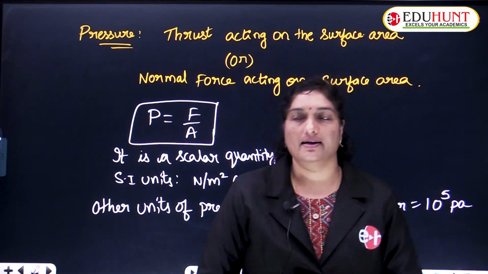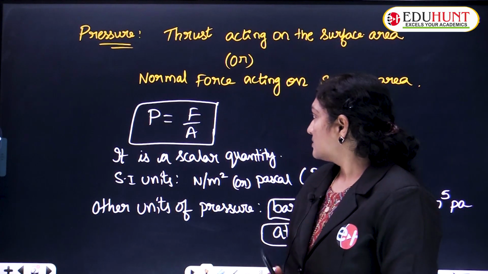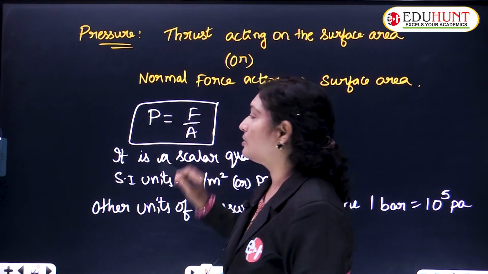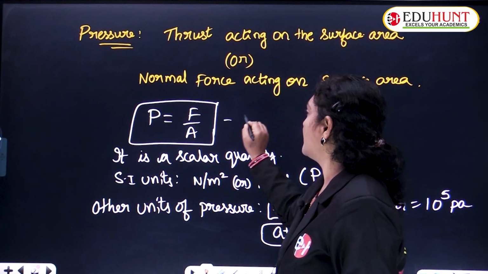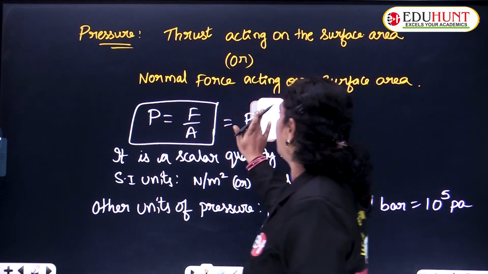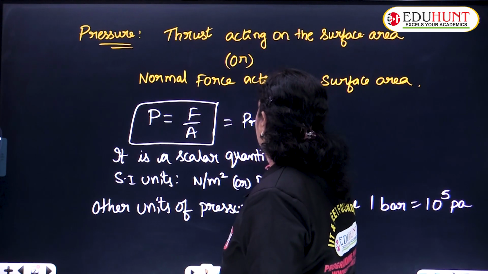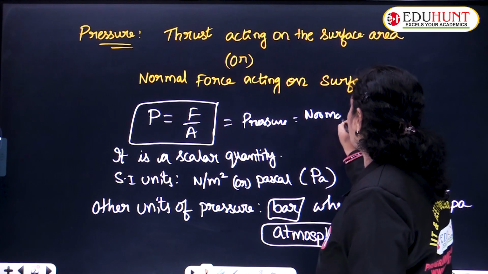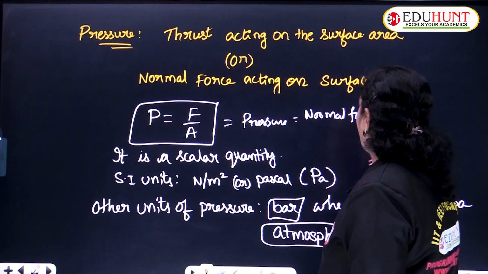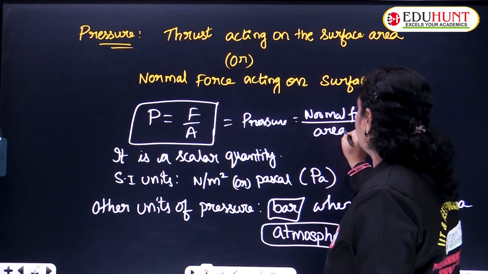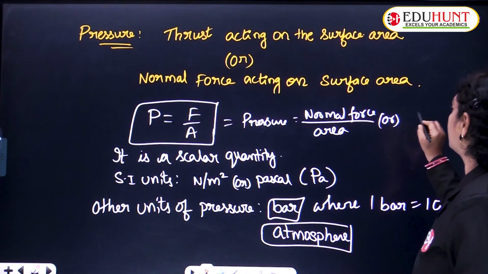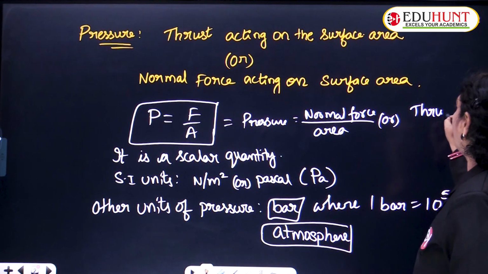Well, now let us try to understand in detail the pressure exerted by a body in different conditions. As I told you, pressure is equal to force by area, or in detail, pressure is equal to normal force upon area, or pressure is also equal to thrust upon area.